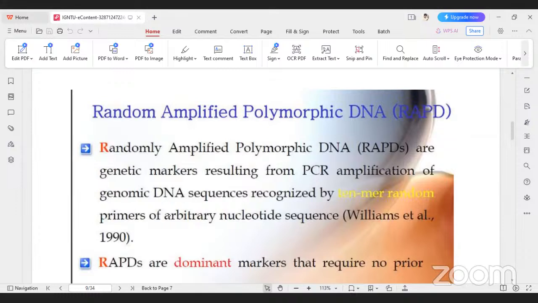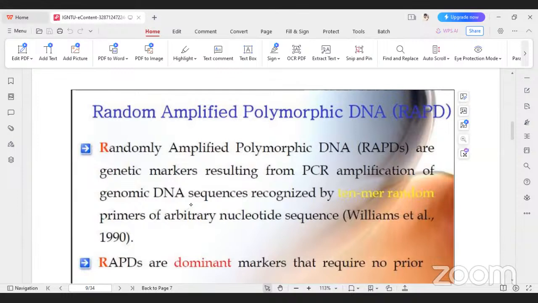Here, randomly amplified polymorphic DNA, RAPD, are genetic markers resulting from PCR amplification. This is important: PCR amplification of genomic sequence recognized by primers. Which primers? Ten-mer random primers, of arbitrary nucleotide sequence.